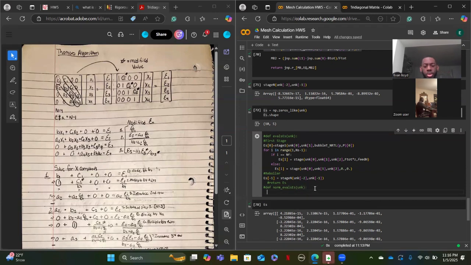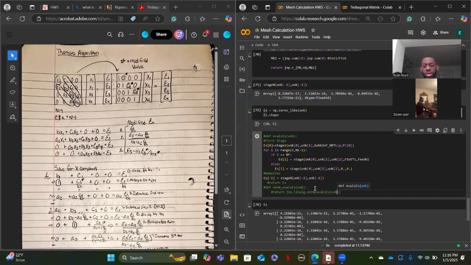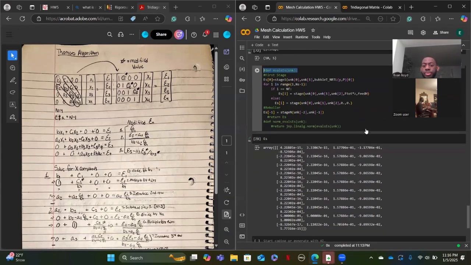And then I think we return JMP linear algebra dot norm of our evals at ES of our unknowns. I'll explain more when we get to these later, but I just want to put them in now so I don't have to write them later. But that's all we have to do for our E's.